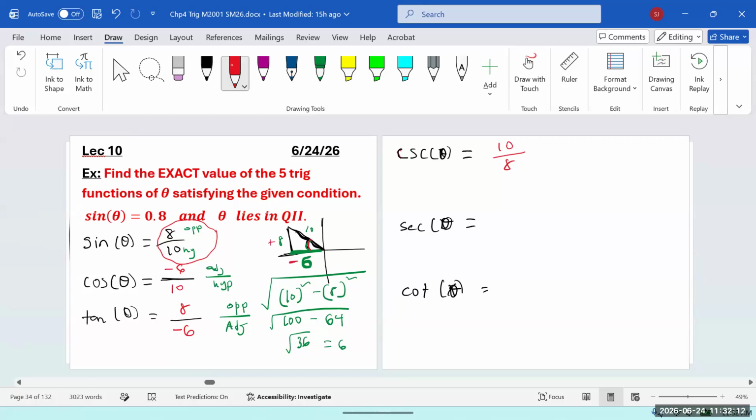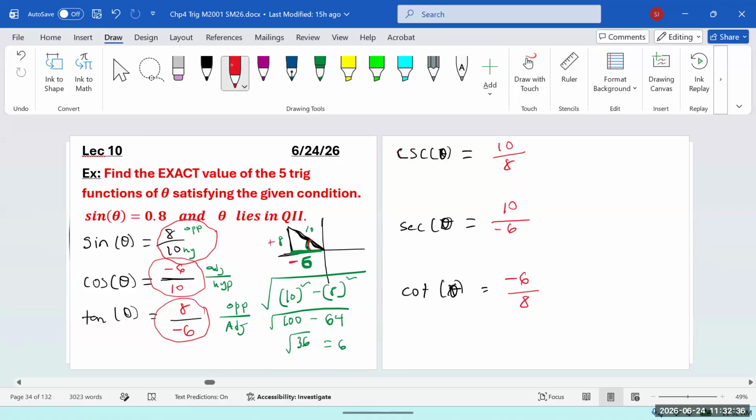Who can tell me secant? So we have cosine here. If we flip, it becomes secant. We have 10/-6. Gabriela, the last one. -6/8.